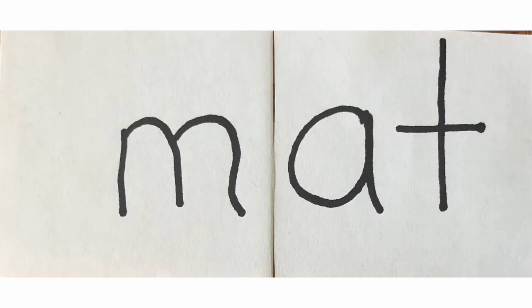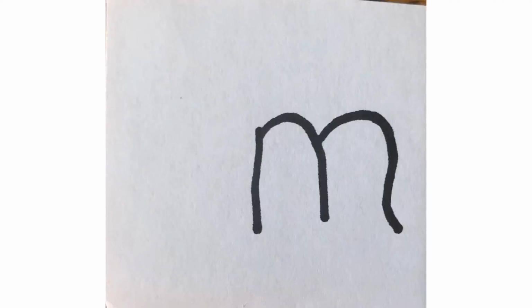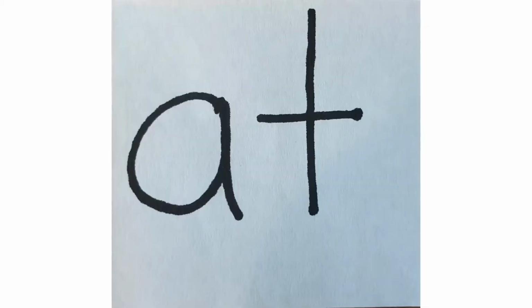Here's our next word, M-A-T. Let's look at the different letters and the sounds that they make. Here's the first letter, the letter M. What sound does the letter M make? It makes the sound mm. So the first sound in our word is mm. After the M, we have the letters A-T. Do you guys remember what our ending chunk says? It says at. So after the first sound, we have the ending sounds at.